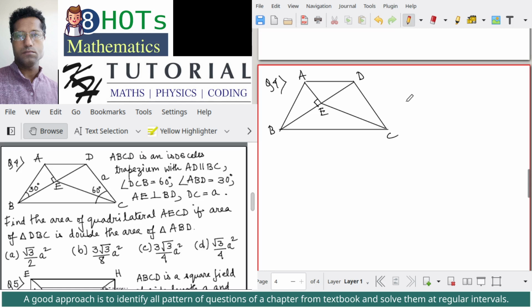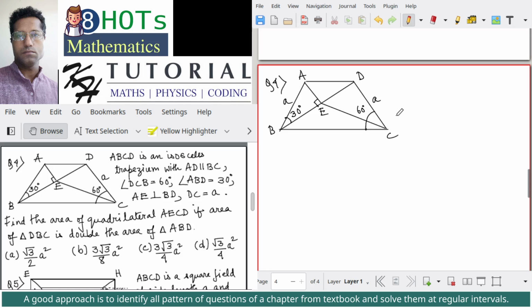It is given that the length of the equal non-parallel side is A. So this is also A. This angle is given as 30 degrees and angle DCB is 60 degrees. So this whole angle is 60 degrees.